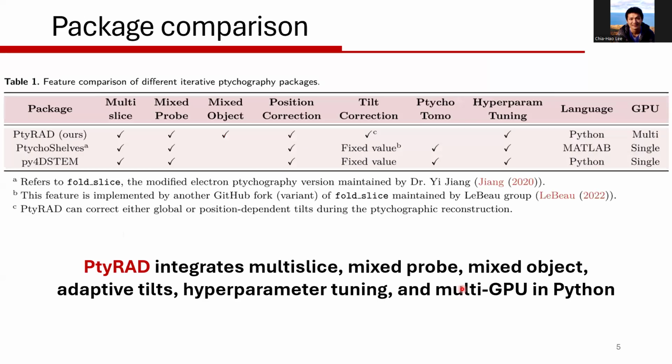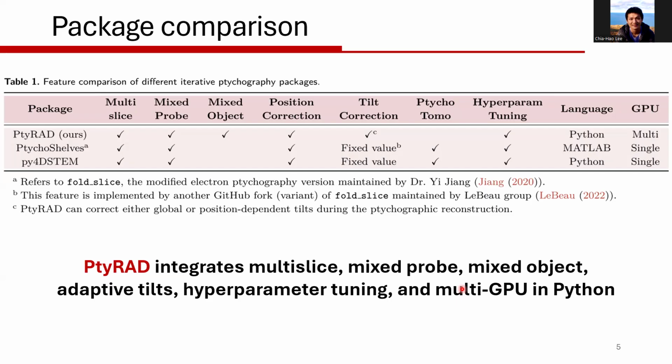So here's a quick table that's also included in our archive paper about a package comparison in terms of features. You can see that in the top row, PtyRAD implemented multi-slice, mixed probe, and also position correction. That's pretty much true for all the major wonderful packages. But uniquely, PtyRAD also implemented mixed object, and also it allows you to correct your object tilt at each probe position.